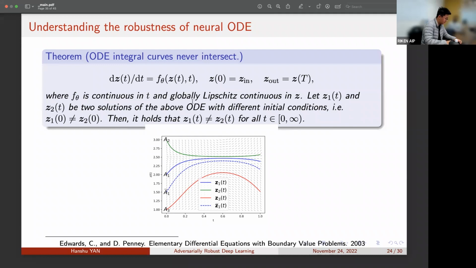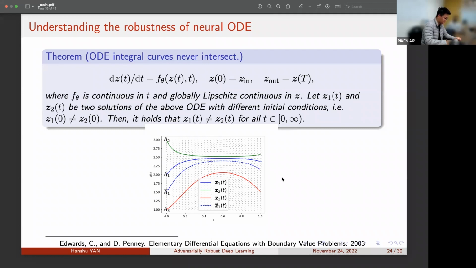This theorem tells us that the integral curves never intersect. It means that the dotted line is always sandwiched by the blue line and the red line. So even at the terminal time t equals 1.0, the terminal state of tilde A is still located between the green and the blue.